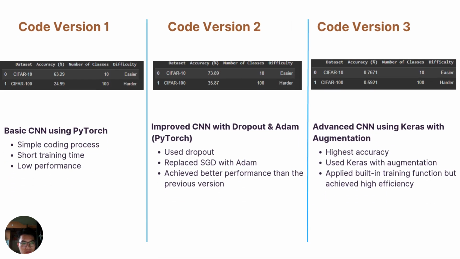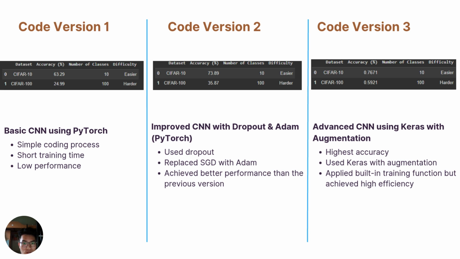Okay, so here I compare the three versions. In version 2, I made several significant changes to the structure of the code: I used dropout and changed the optimizer, and so we can see it could get higher accuracy than version 1.